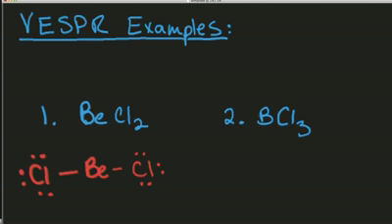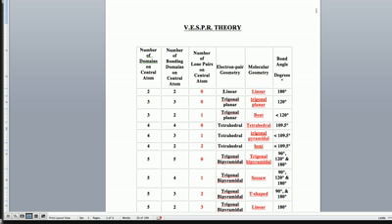If you were to go to your table available on the website, you would see that there's two bonding domains. If you remember, there were no central lone pair atoms. So we know that the electron geometry is linear, and so is the molecular geometry. That occurs anytime that there are no lone pair electrons: the molecular and the electron pair geometry will be the same thing.